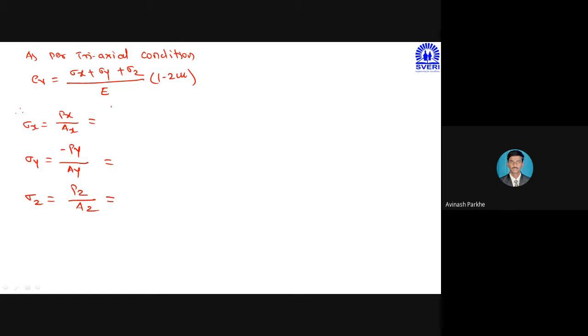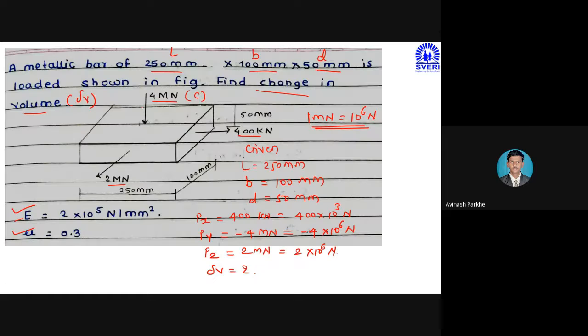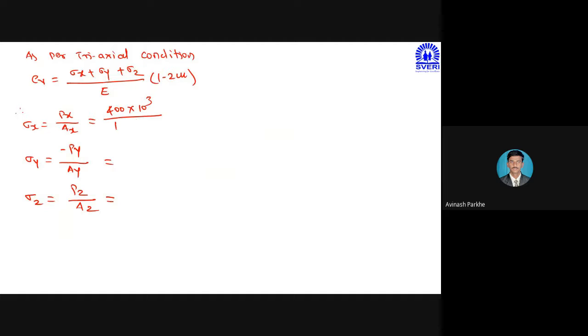So Px is 400 into 10 raised to 3 divided by the cross-sectional area B into D, that is 100 into 50. What is the value of sigma x? 80 Newton per mm square. Yes.